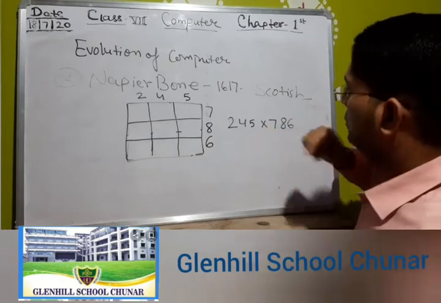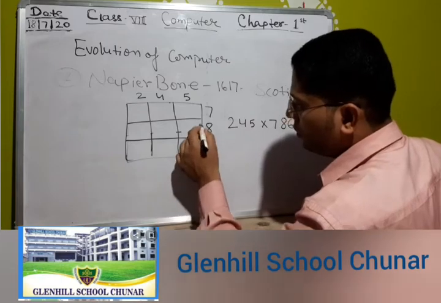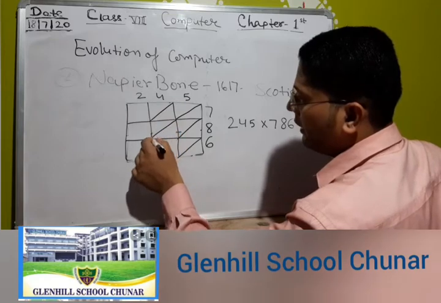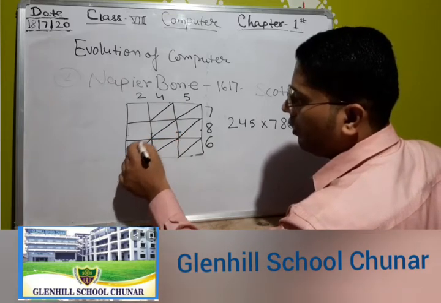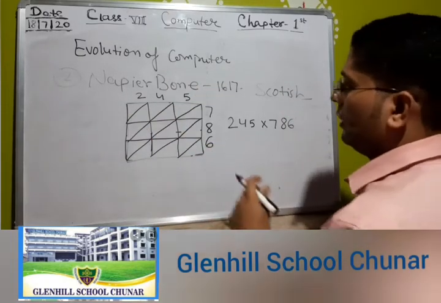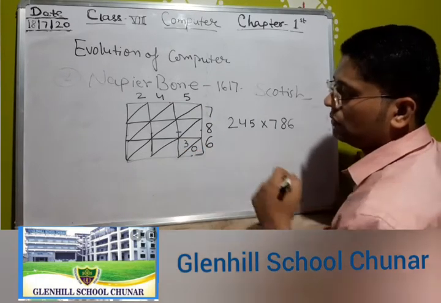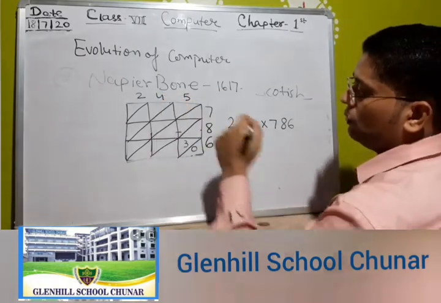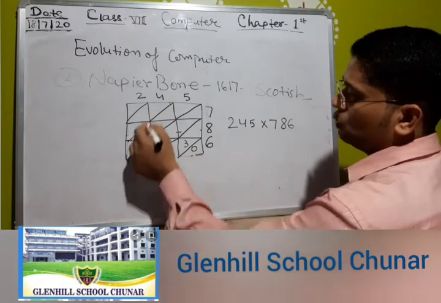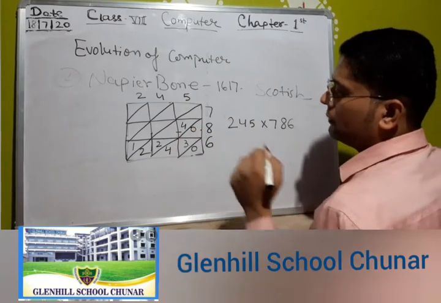Okay student, so look, first divide into two parts, all blocks, just this line. Okay, and 6 5s are 30, so 3 here and 0 here, and 6 4s are 24, so 2 here and 4 here, 6 2s are 12, 1 here, 2 here, 8 5s are 40, 4 here.